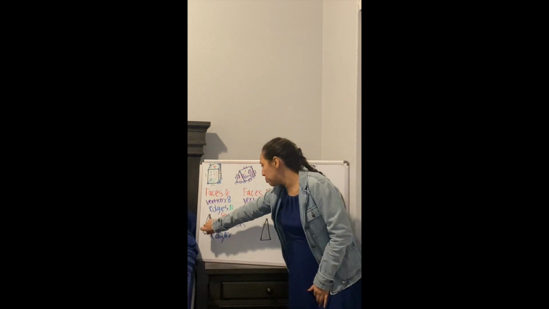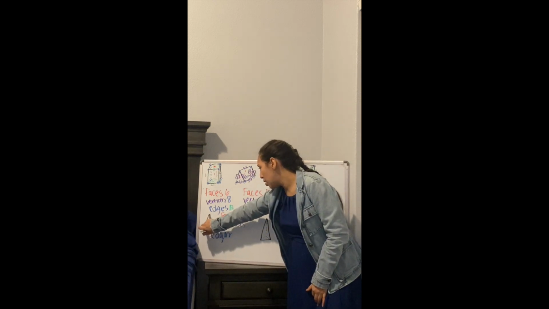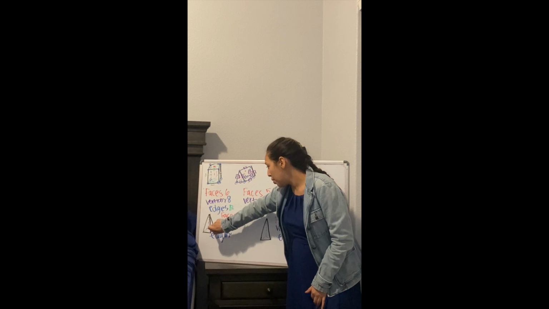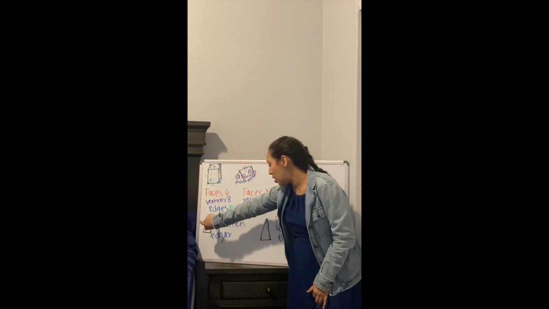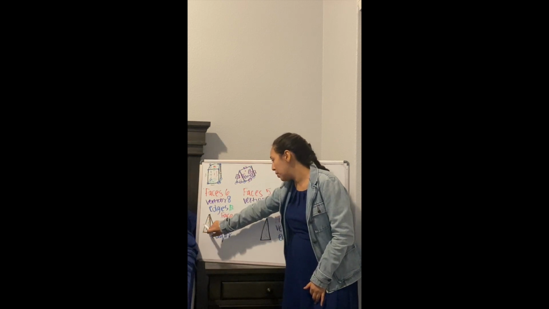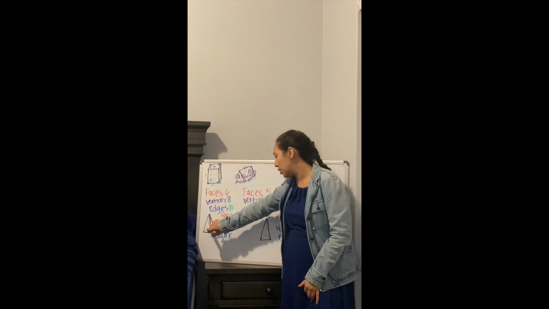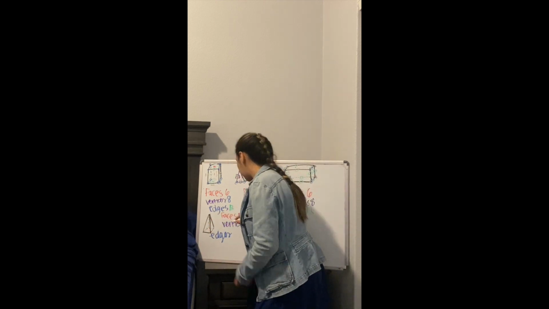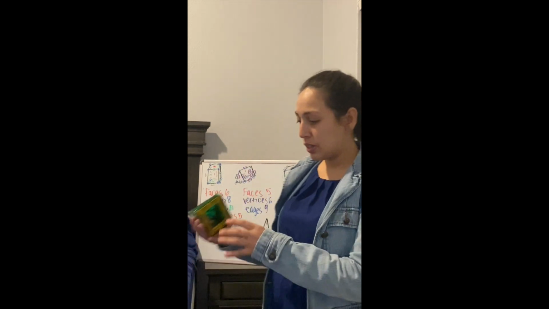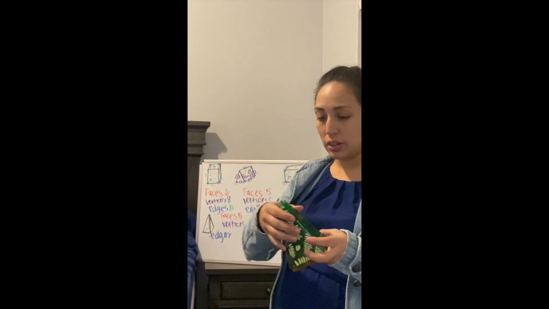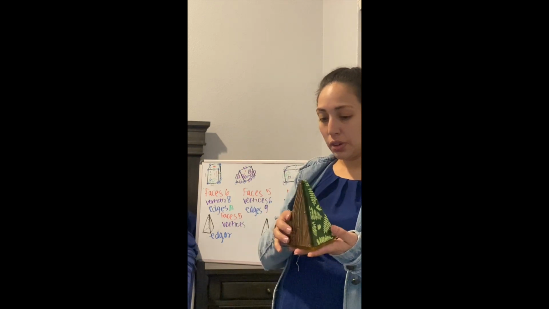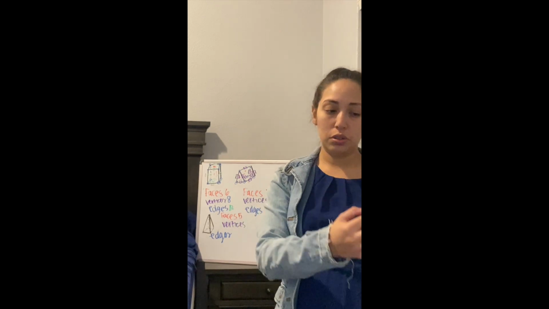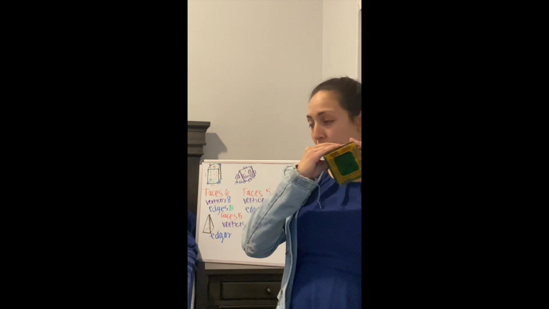We have 1 in the front, 1 on that side, 1 on that side, 1 on this side, and then 1 on the bottom. So we have 1, 2, 3, 4, and then 5. It's a little hard to see, but it's the same as this one. It's square based, it's triangular. So 1, 2, 3, 4, and then the bottom.